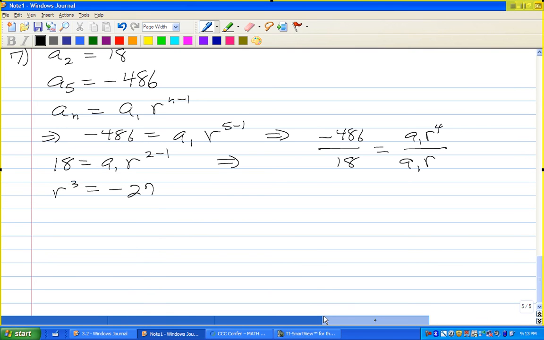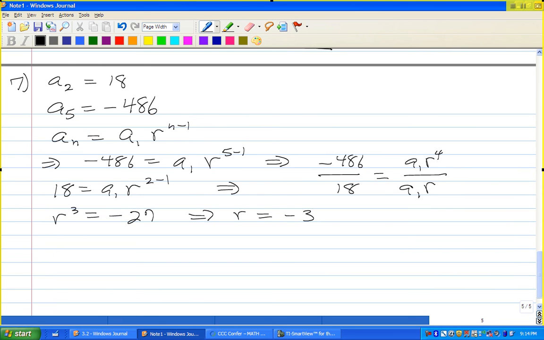Good. So r is equal to the cube root of negative 27, negative 3. Let's determine what a sub 1 is. Well, I know that 18 is equal to a1 r. Divide both sides of your equation by negative 3. So a sub 1 is equal to negative 6.